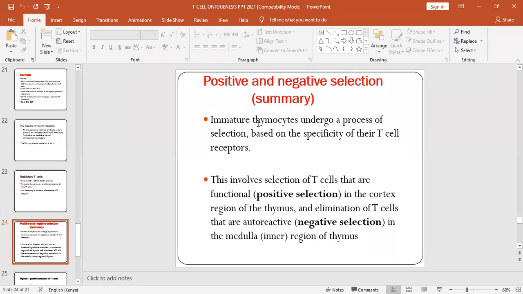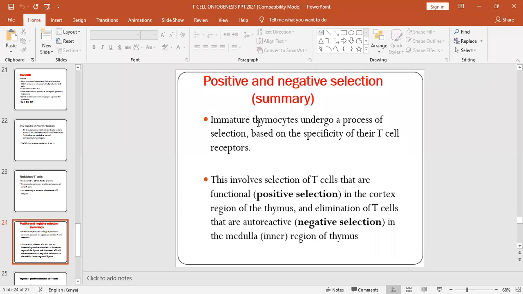In summary, what have we been talking about? We talk about the two processes that are behind the T cell development or ontogenesis, the positive and negative selection. In positive selection, this involves the selection of T cells that are functional.